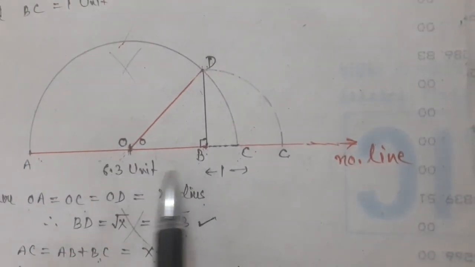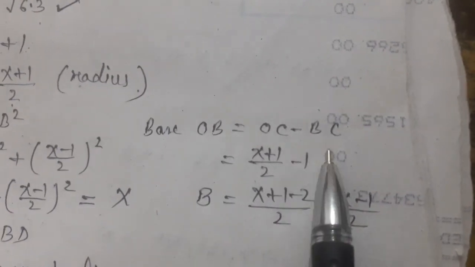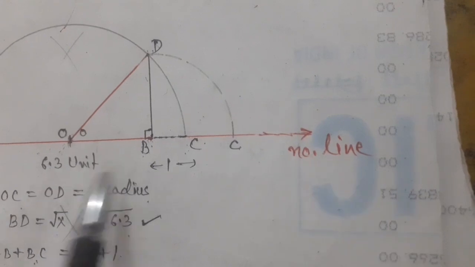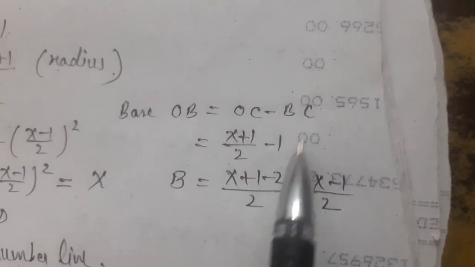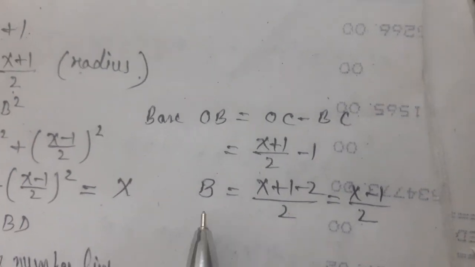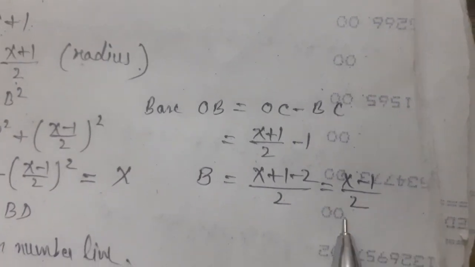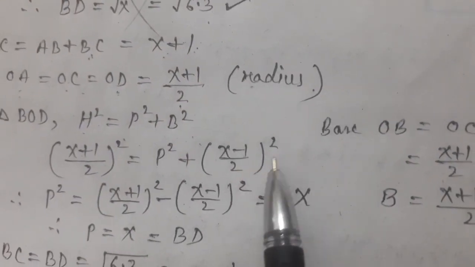Base is OB. How do we calculate OB? Base OB equals OC minus BC, which is (x plus 1) by 2 minus 1. After calculation you will get base equal to (x minus 1) by 2.